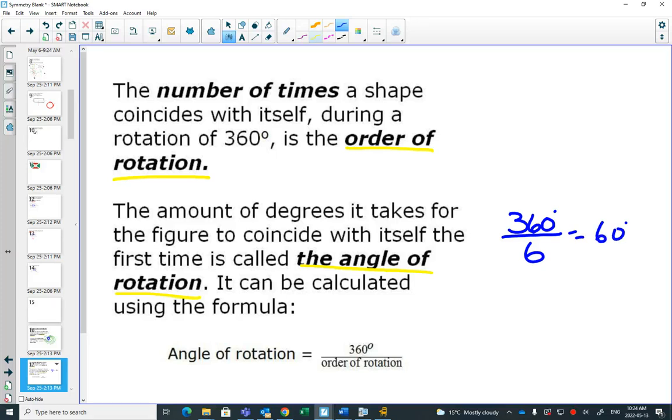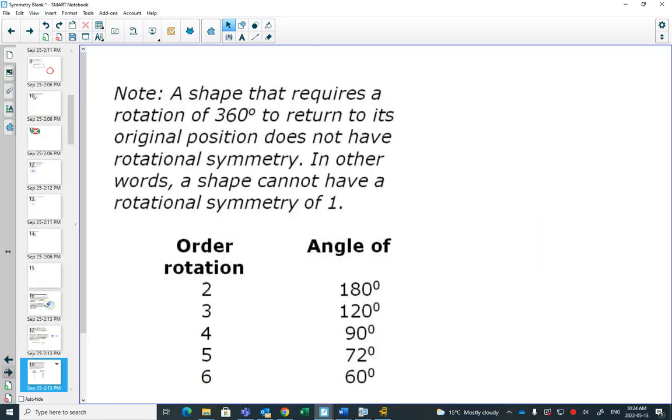That first shape would have an angle of rotation of 60 degrees. So there's a formula that makes sense, but you'll have to know that for quizzes and tests, okay? I don't think that one's on your formula sheet. Can I add it? No, you just have to add it in here.